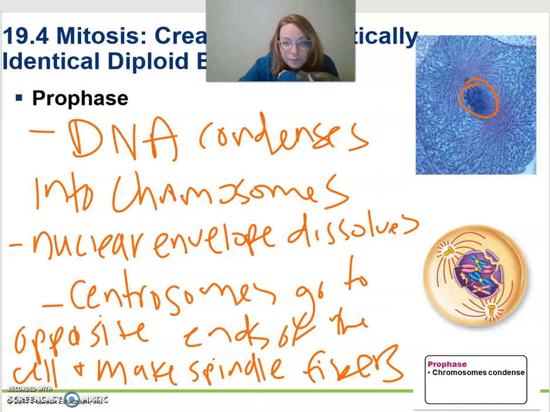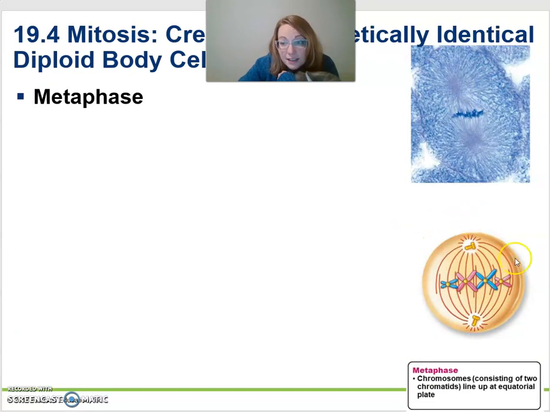So next, those spindle fibers are going to grab those copies of the chromosomes. And remember, there's two identical copies of chromosomes attached together, and they line up at the middle for metaphase. So prophase, PMAT is first, a pro is the best, they're at the top. Metaphase, they line up in the middle.